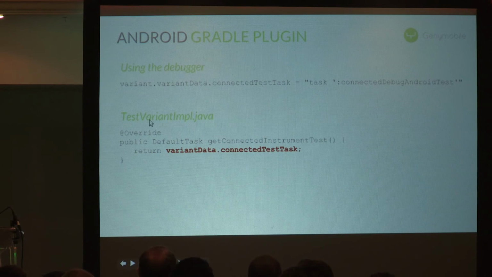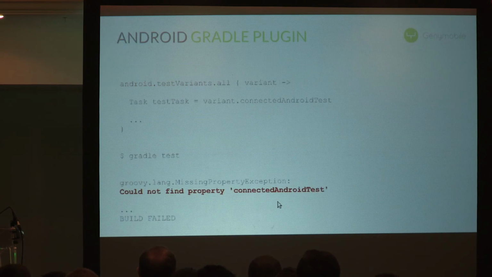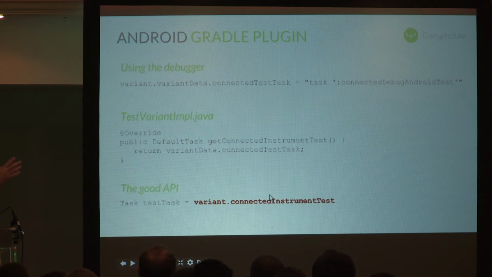So on the test variant, the good API was variant.connectedInstrumentTest instead of connectedAndroidTest. That was very simple, just a new name to use, because the old one was not working. And that's just an example of how you can use your debugger and the source code of the Gradle plugin to get around the outdated documentation. Even so, I really advise you to start with the documentation and just debug it.